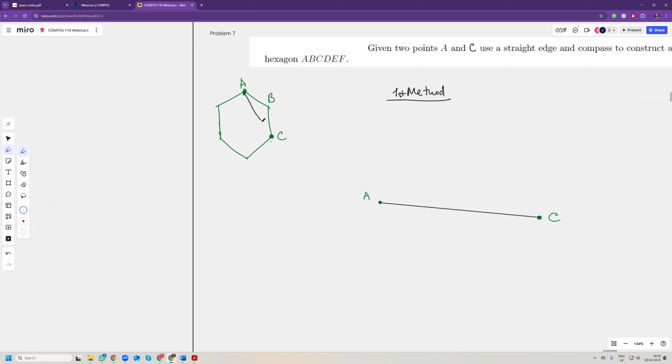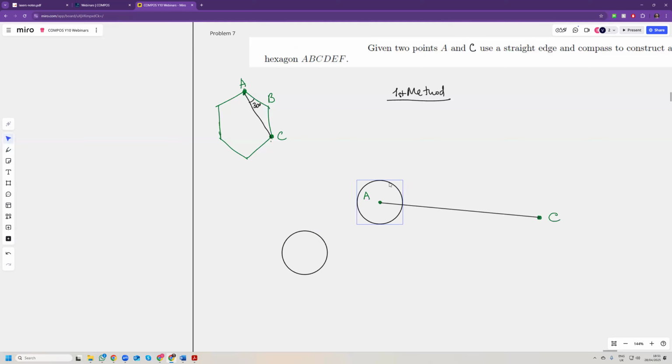I draw a line AC, and I need to draw an angle of 30 degrees to AB. But I already know how to draw a 30-degree angle. Remember, I take a random circle and I make some copies.